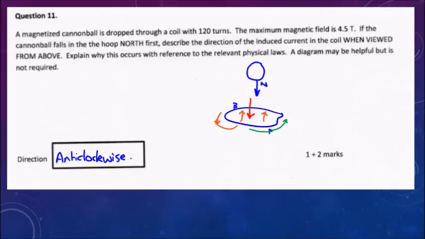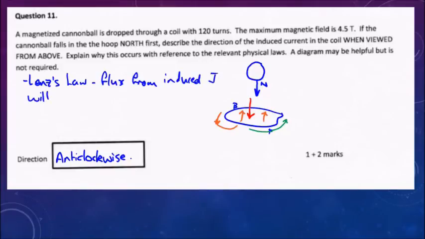So, what you need to do to actually explain this one is to say that, according to Lenz's law, try and spell that correctly, the flux from the induced current will oppose the change in flux.